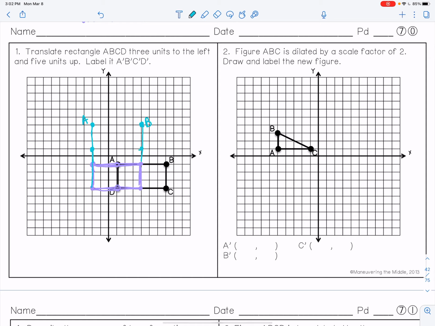And there we go. C and D. So we got our A prime, B prime, C prime, and D prime. So this blue is our final answer. Oops, sorry about that. So here's our final answer.